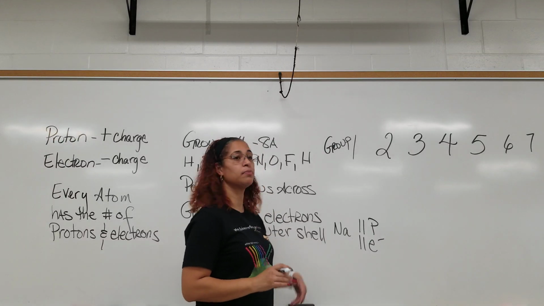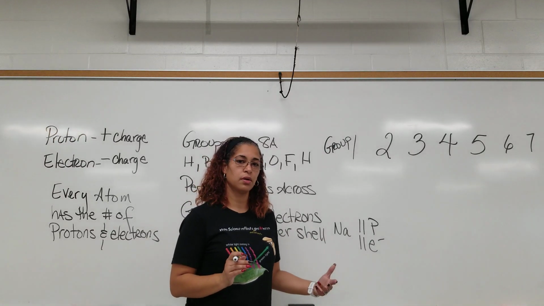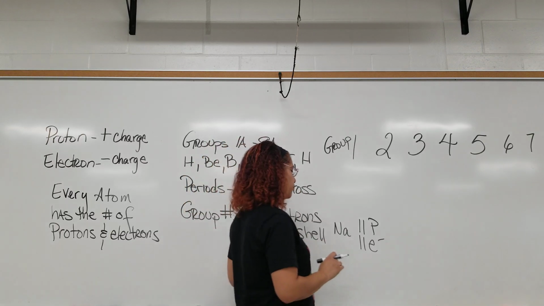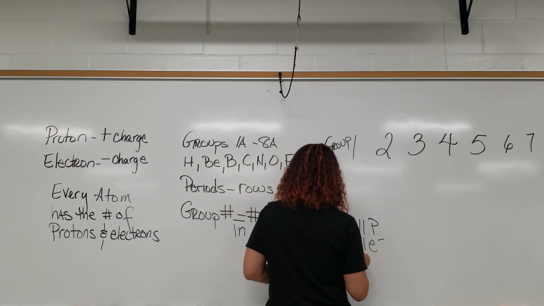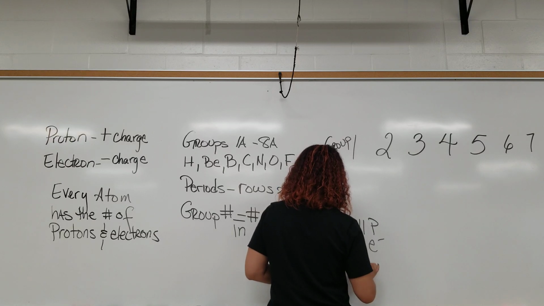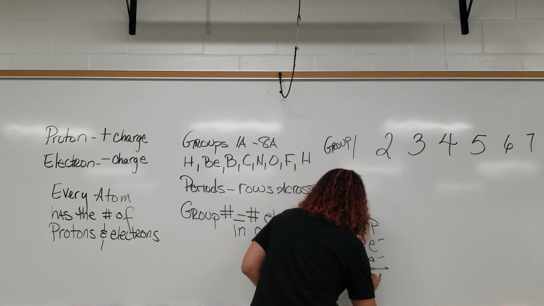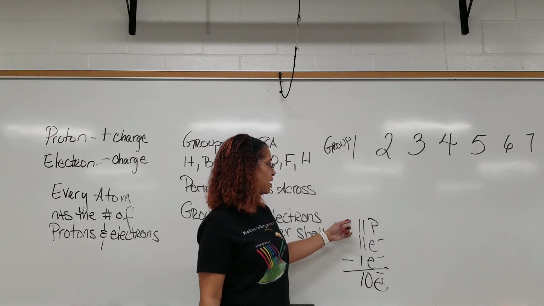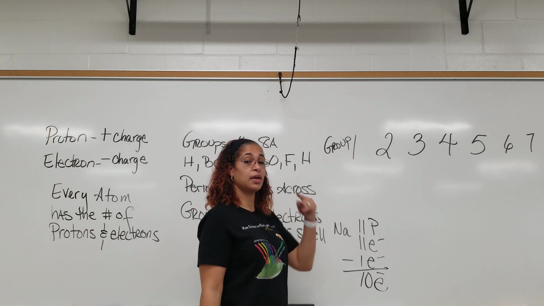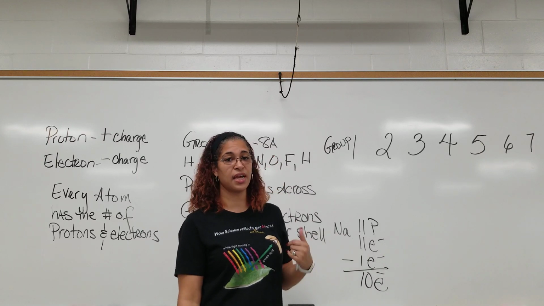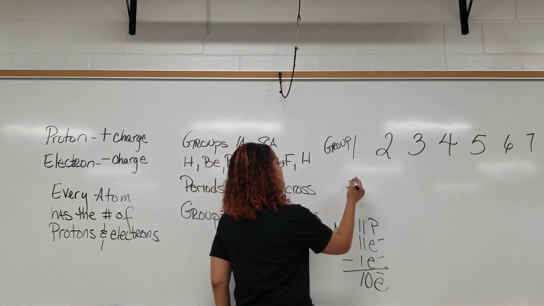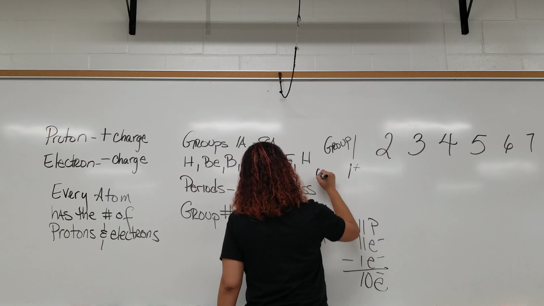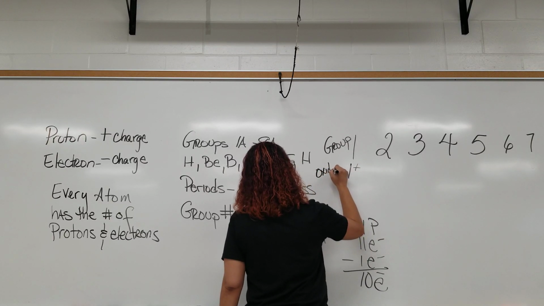So if sodium loses 1 electron so that the shell below it, the second shell, is full, minus 1 electron, it will now have 10 electrons. So since it has 10 electrons and 11 protons, that means it has 1 more positive charge than negative charge. So it will become positively charged, or 1 plus. Now this is called its oxidation number.